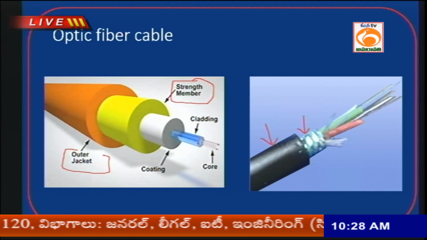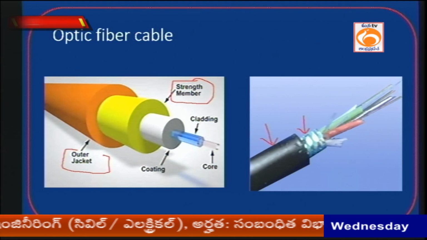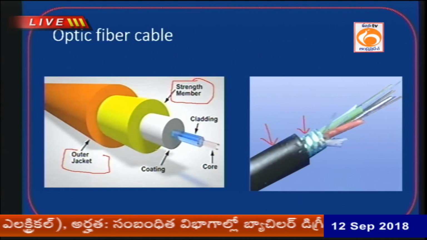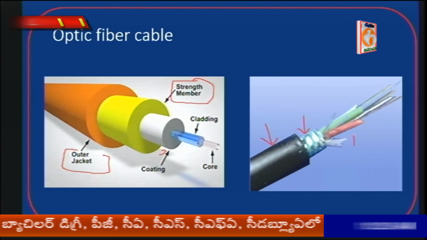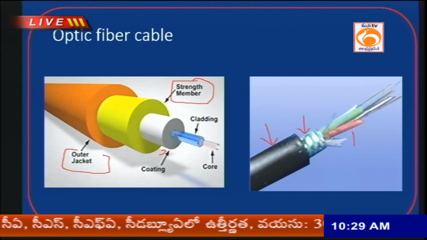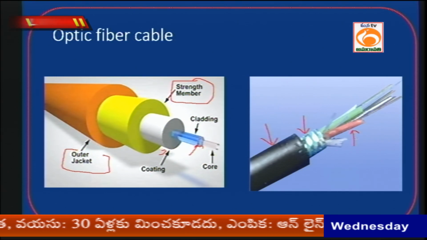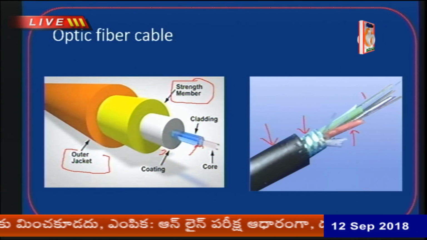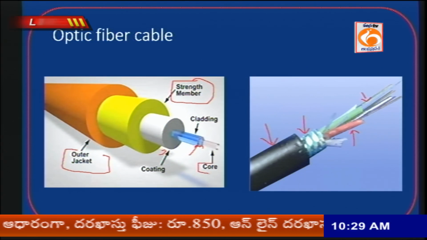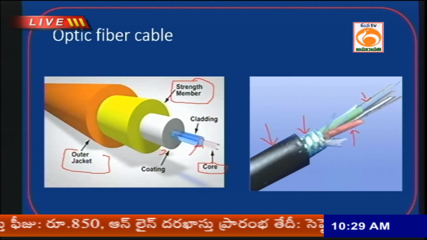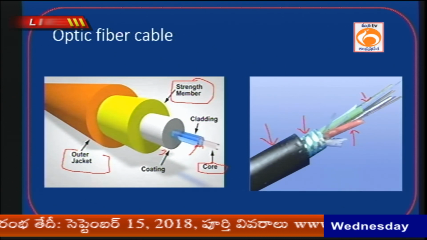Some kind of steel is there to provide strength to the cable. Then the third layer we have is the coating, the colored one that you see here. Then there is the cladding, and the last one you see is the fiber. We call it the core. The core is nothing but the fiber, which is basically glass, and is very, very delicate.